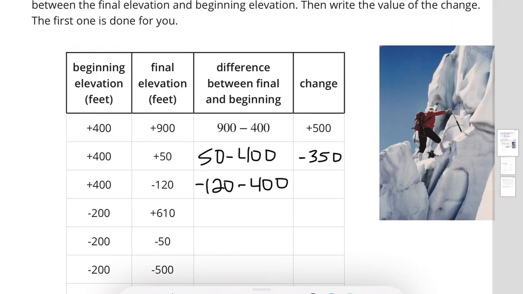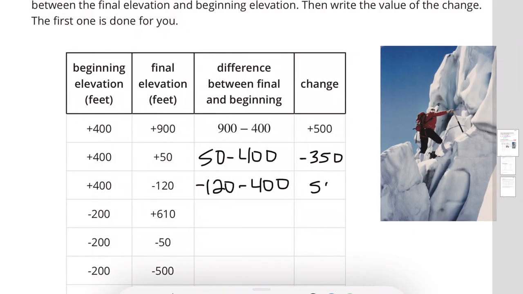If I start at positive 400, it would be 400 feet to get to an elevation of 0 feet. And then I have to go down 120 more feet to get to negative 120 feet, which tells me there was a change of 520 feet. And I went down, so that would be negative 520.